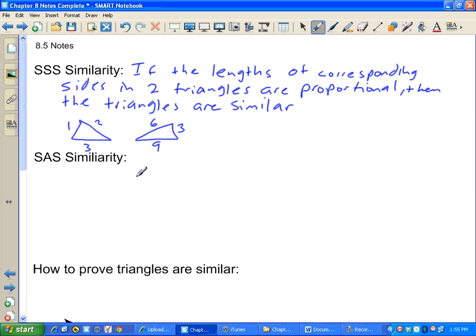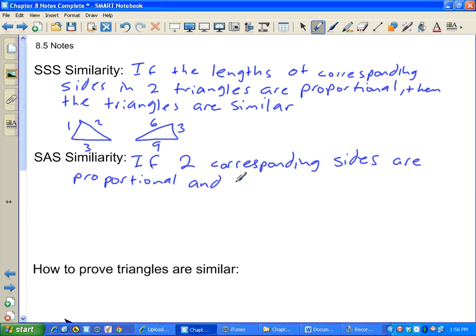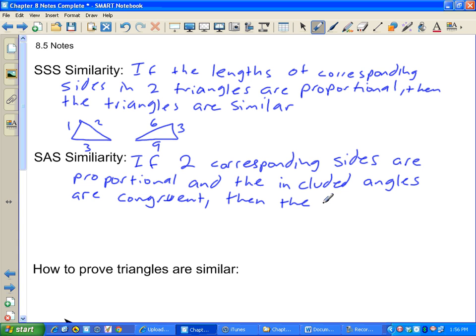Okay, so there's a side-angle-side similarity. So if two corresponding sides are proportional and the included angle, so included angles are congruent, then the triangles are similar.